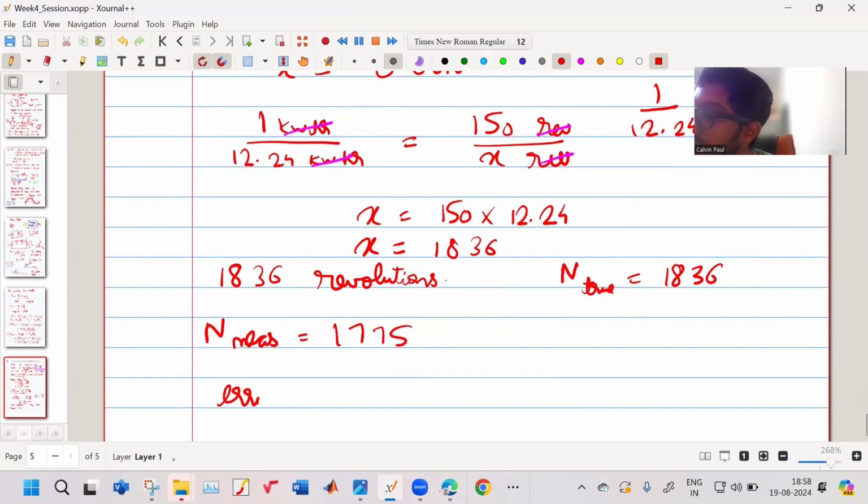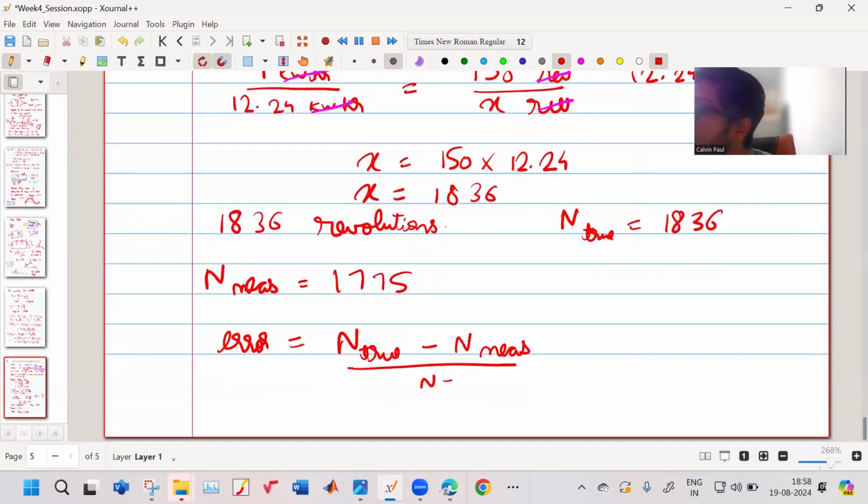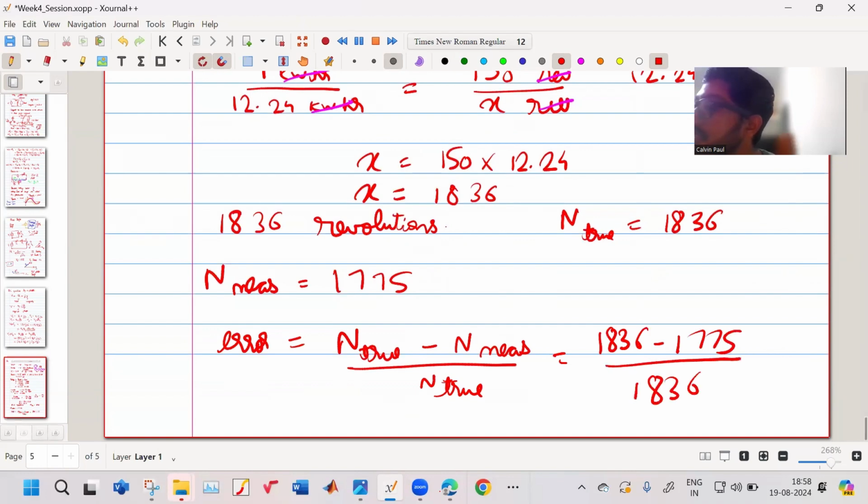My error actually is equal to how much it should truly be minus how much it turned out to measure because it is a faulty instrument, divided by the actual energy, N true. So this is 1836 minus 1775 by 1836 and into 100. Okay, because we want percentage error. So how much is this? Can you calculate and tell me?